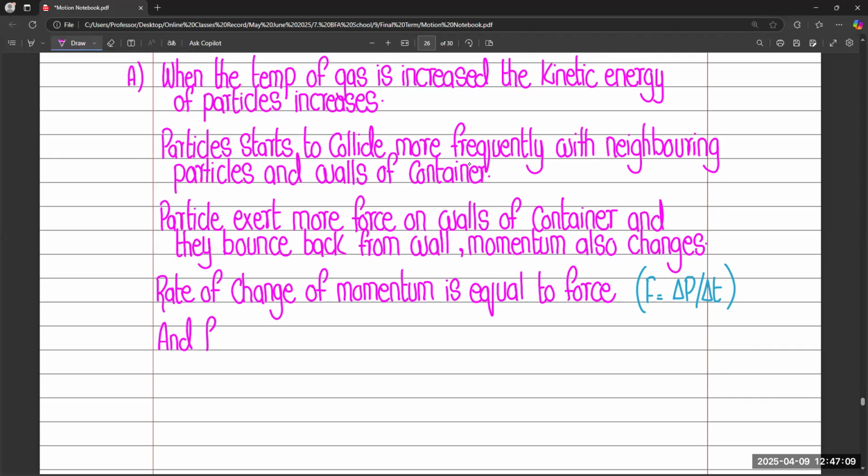And force acting per unit area is called pressure.